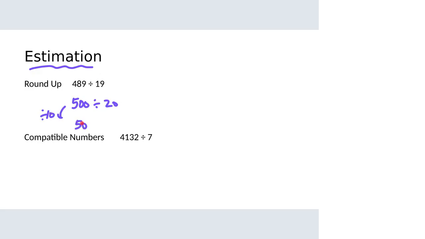Sorry about that, it's not like the multiplication. So if I have 500 divided by 20, I can create an equivalent fraction here. I can divide the top by 10, divide the bottom by 10, and now I can do it in my head. Sorry about this. This isn't like the multiplication ones. It's a little different because we're estimating.